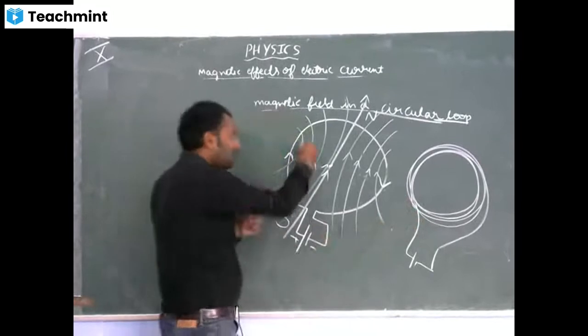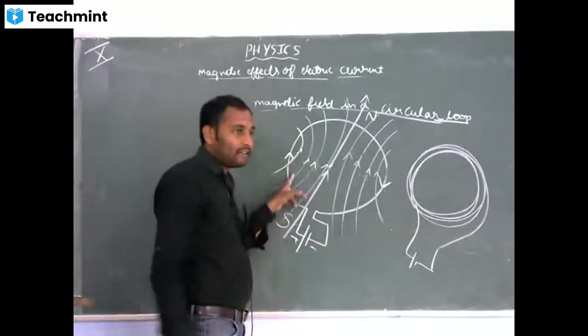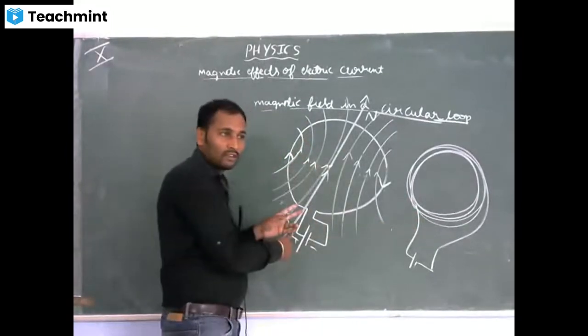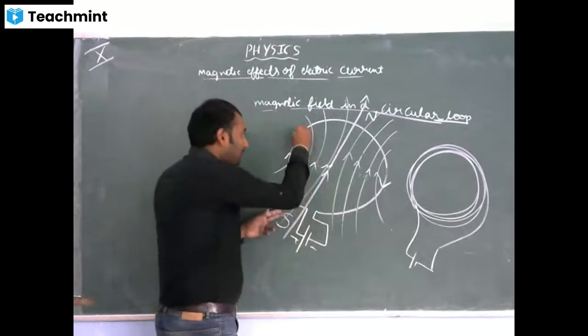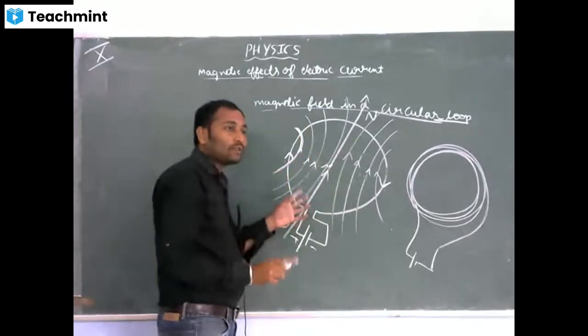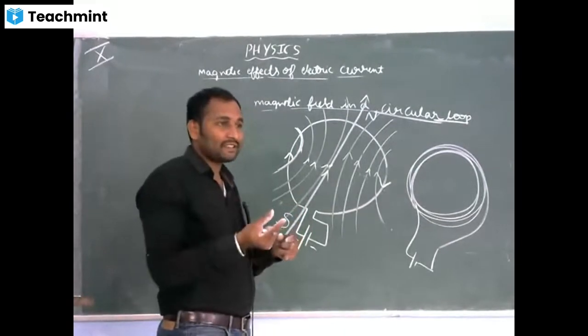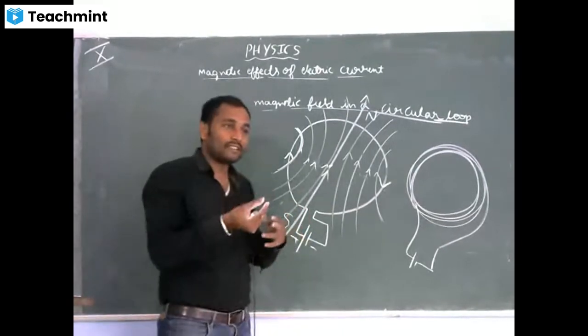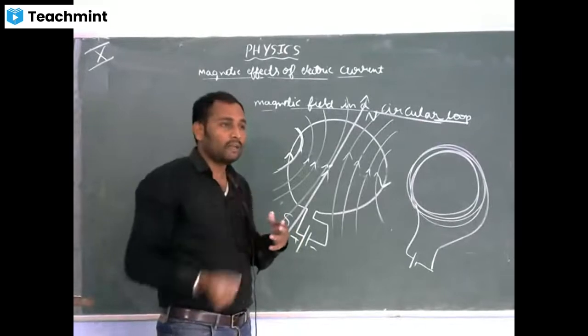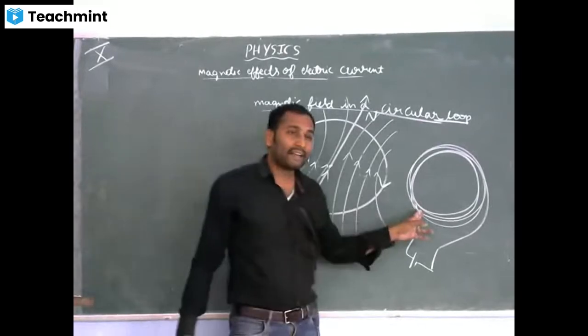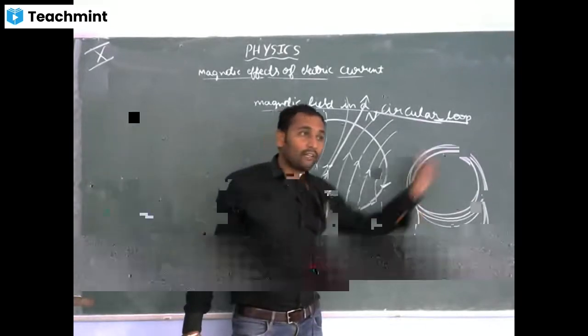Because see, earlier there was one magnetic field line. Now I have increased one more turn. What happens? One more magnetic field line will overlap with that. So the magnitude of the magnetic field will increase. So as the magnitude increases, magnetic field strength also will increase. So magnetic field strength depends on the number of turns of the coil.